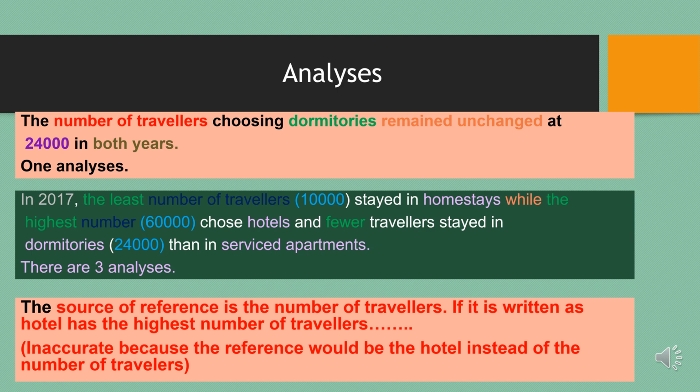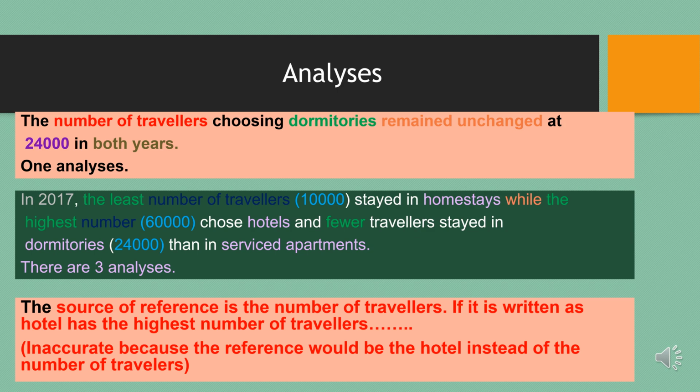From 2017 until homestay is one analysis: the key feature is homestay, the trend is the least, the time frame is 2017, the data is 10,000, and number of travelers is the source of reference. While is the linker, the highest is the trend, number again is the source of reference, 60,000 is the data, and hotels is the key feature. So it is a complete analysis again.